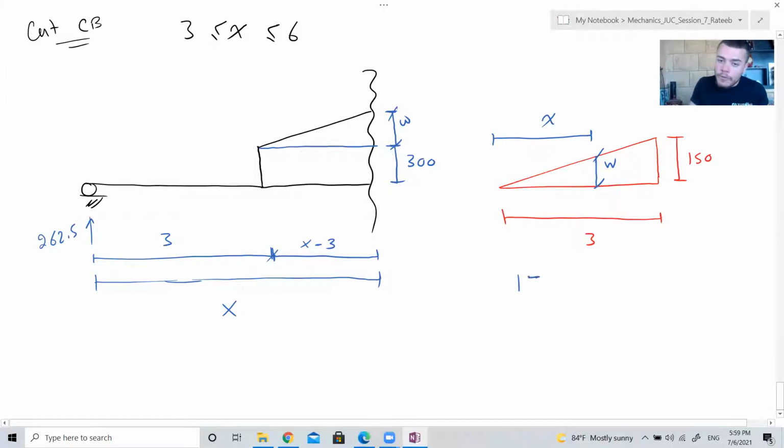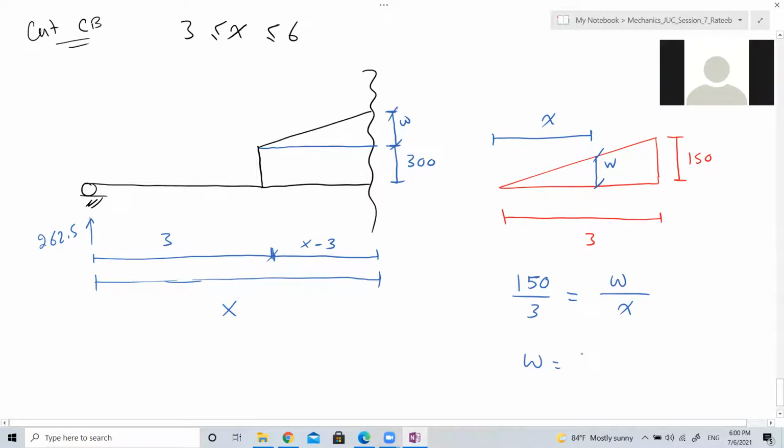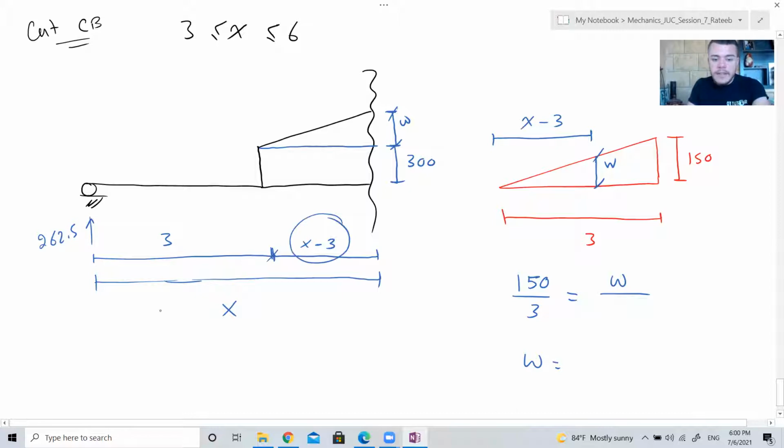You say 150 over 3 is equal to W over X. Sorry, careful, the distance from here to here is X minus 3. It's not X. So it's W over X minus 3. So W would be 50 times X minus 3.